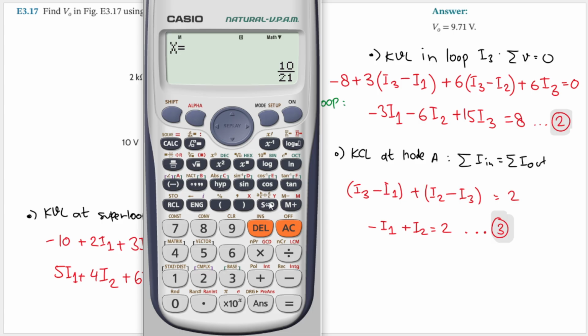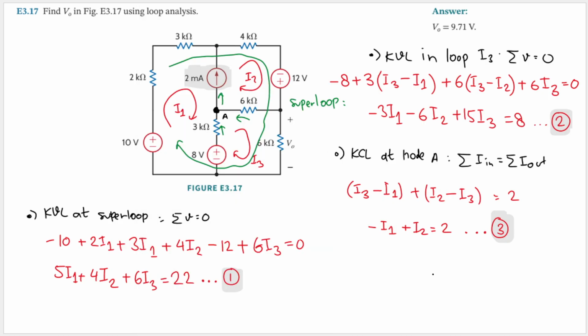So we'll have I1 is 0.476. The unit is milliampere, because this is in milliampere, kilo ohm, and volt, so we get milliampere here. And then what is I2?